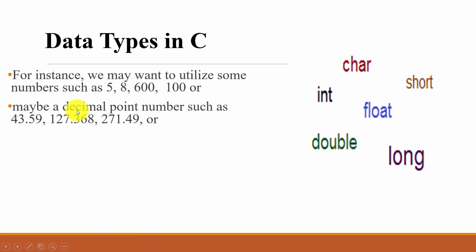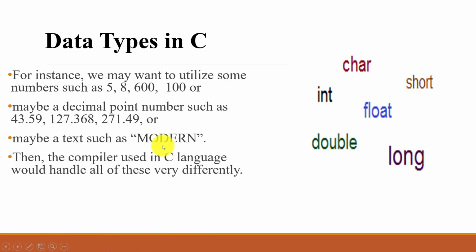Or it might be a decimal point number, for example 43.59 or 127.368 or 271.49. That is nothing but floating point. Or it might be text, which is a collection of characters.